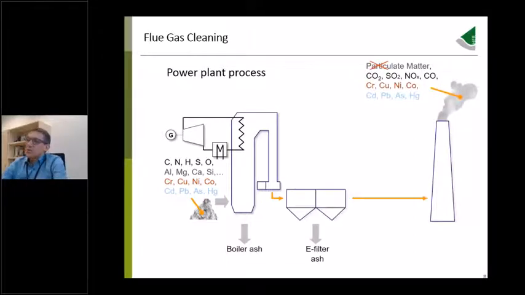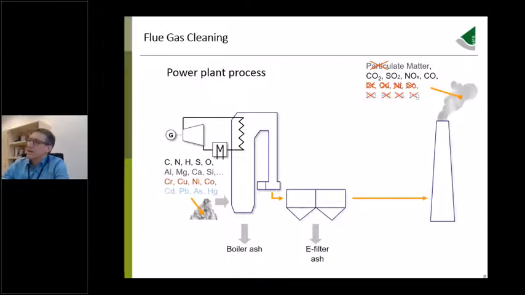So to do so, we use different filter systems, and we remove the biggest shares of the particulate matter from the gas, so it's not being emitted with the clean gas. With the filter ash, we also take out of the gas a rather large amount of those trace elements, which are, as I said before, the toxic elements or the heavy metals that can be toxic.